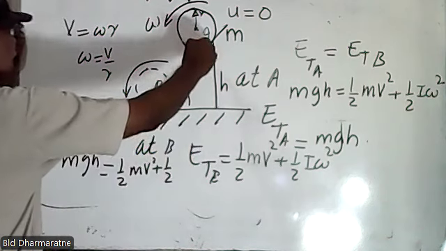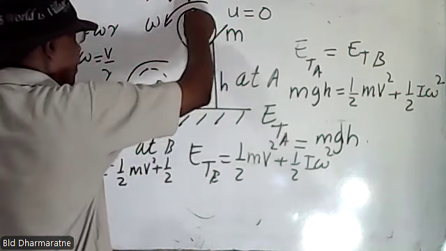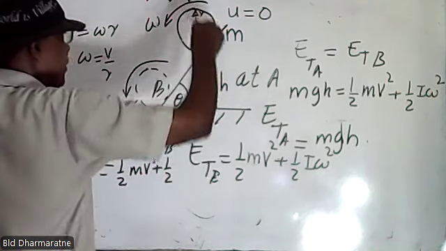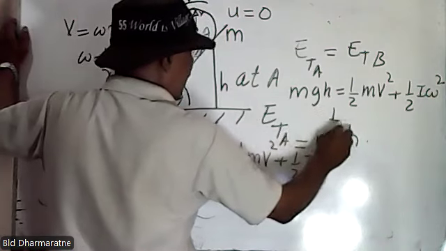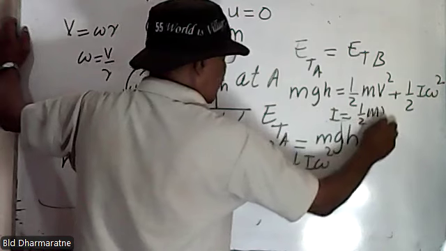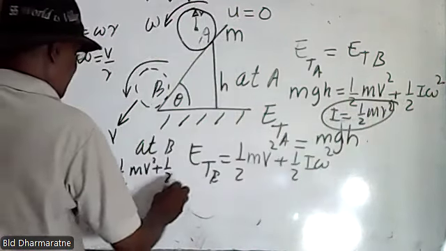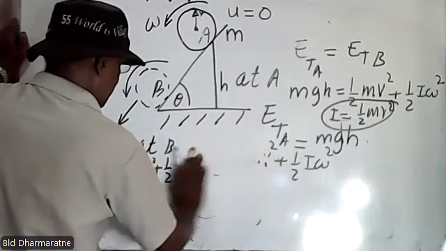What is I? The moment of inertia about this axis is I equals half m r square. Now we substitute both here.